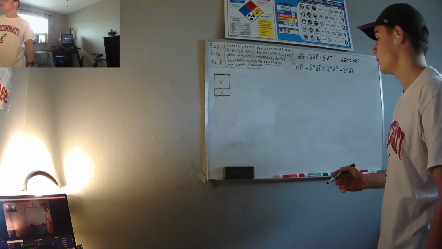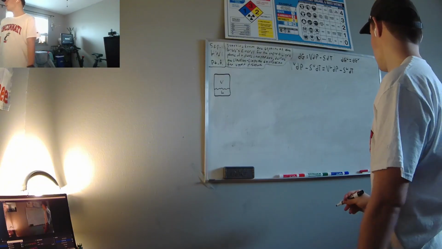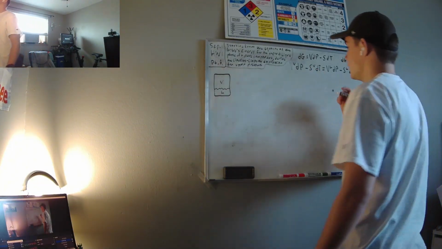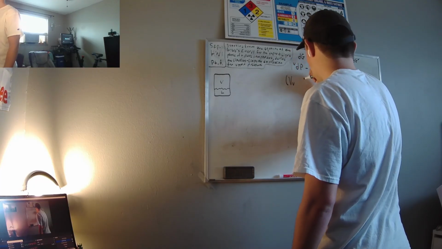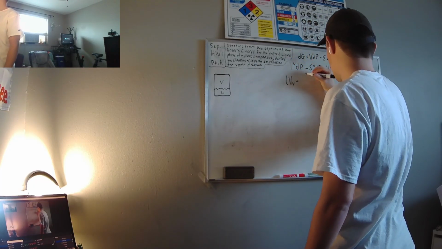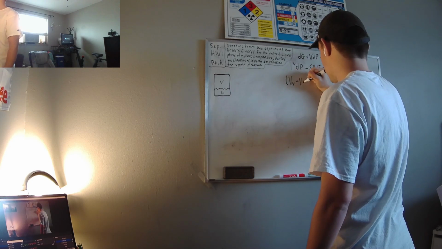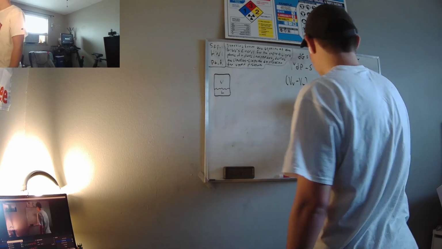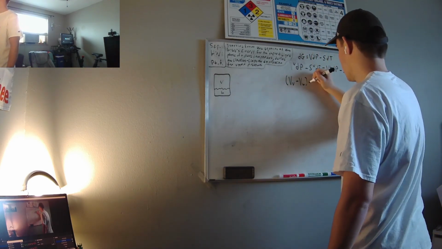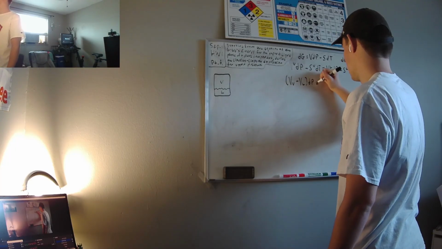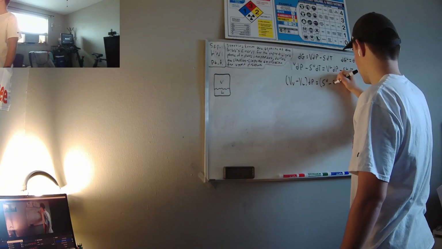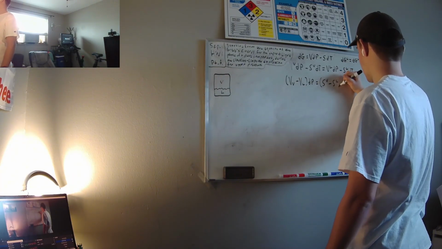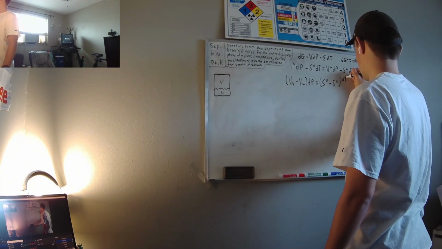And if we move this around a little bit to isolate our dP and our dT, we'll get the volume of our vapor phase minus the volume of our liquid phase, dP, is equal to the entropy of our vapor phase minus the entropy of our liquid phase, dT.